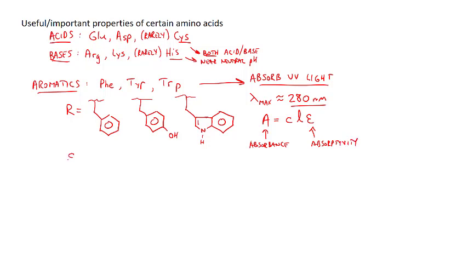And as it turns out, the absorptivity at 280 for phenylalanine is fairly low. It's much higher for tyrosine, and it's very high for tryptophan. So this is actually handy because if your protein or peptide has tyrosine or tryptophan in it, you can use absorption of UV light to measure the concentration of these compounds.